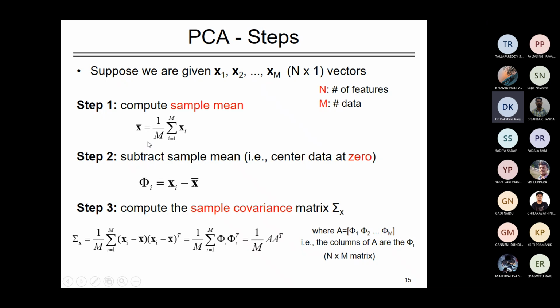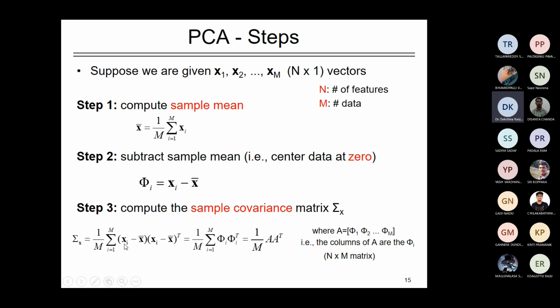Here we get the deviations between the centroid or the mean and the data point. So we get the deviations from the mean for every data point xi, and we have to preserve that for computing the sample variance covariance.